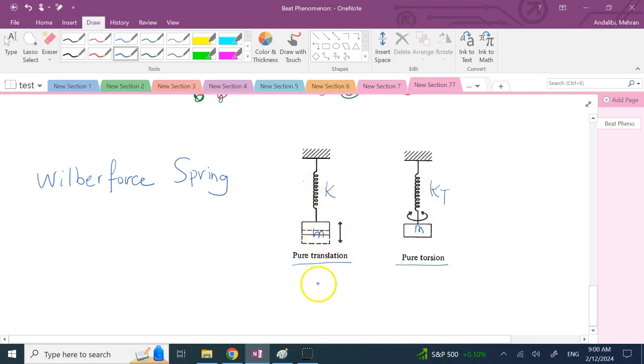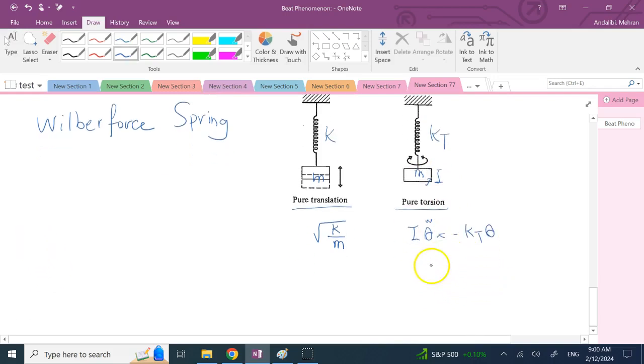So one of them can be square root of this k over m, and the other one is going to be like I, so you also need I. So I times theta double dot equals basically negative kt times theta, right?